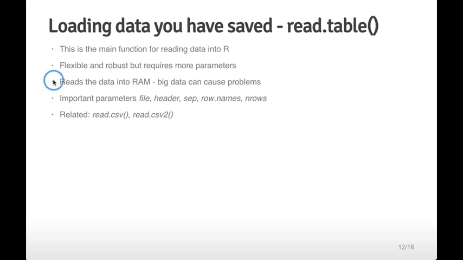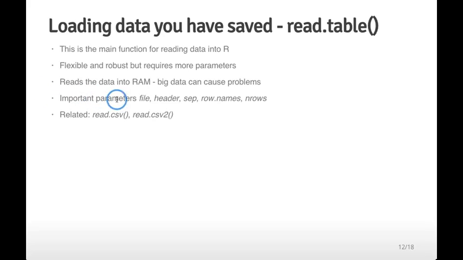Something to remember about R in general is that the data is being read into RAM. So that means that the amount of RAM on your computer is a limit to how much data that you can load into R. There are actually a number of different ways that you can deal with bigger data, and I'll reference a few of those later, but for the purposes of this class, we'll generally be dealing with data sets that this shouldn't cause a problem in terms of loading it into RAM.